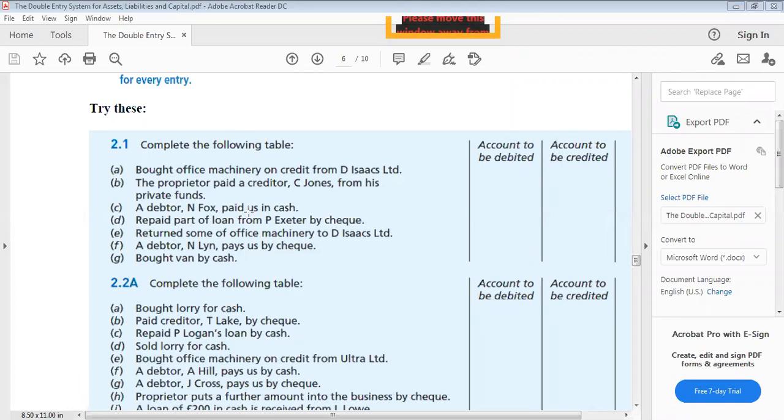You have Nfox credited and cash debited, of course, because you're receiving cash there. Read: a debtor, Nfox, paid us in what? Cash. Nfox was your what? Debtor. So therefore, you'd credit the Nfox account and debit what? Cash. Good? All right.